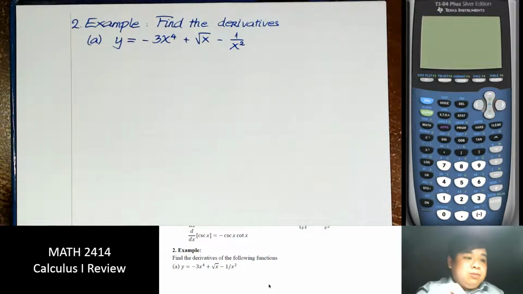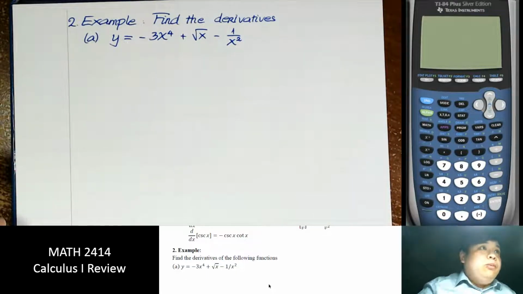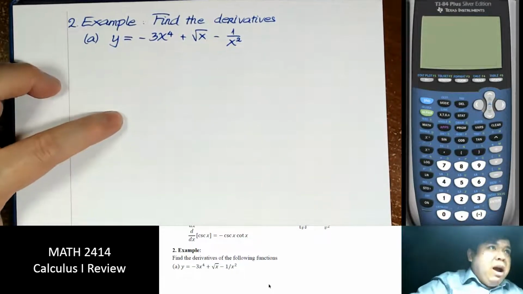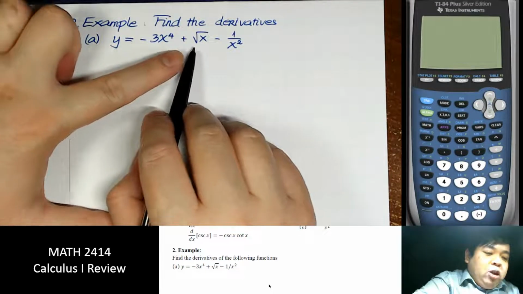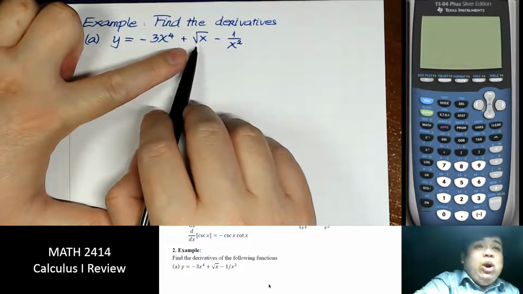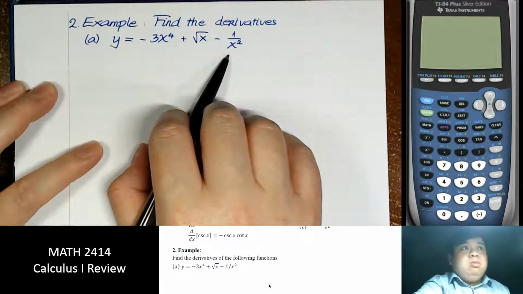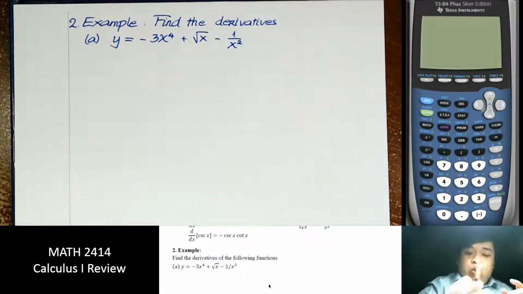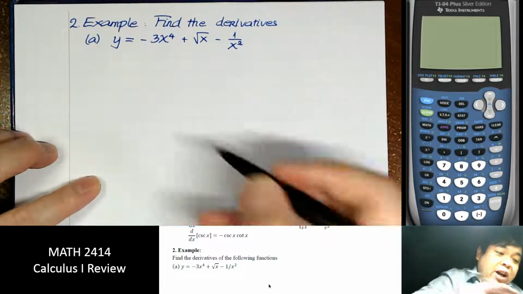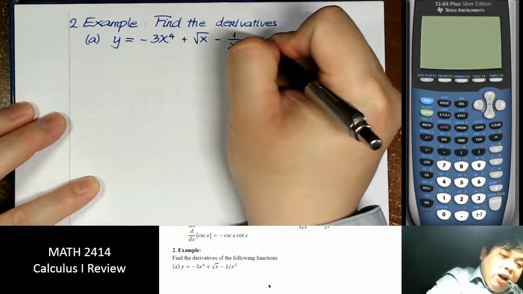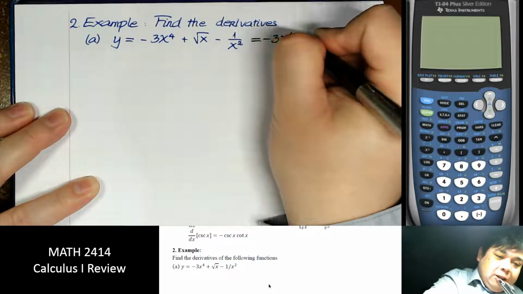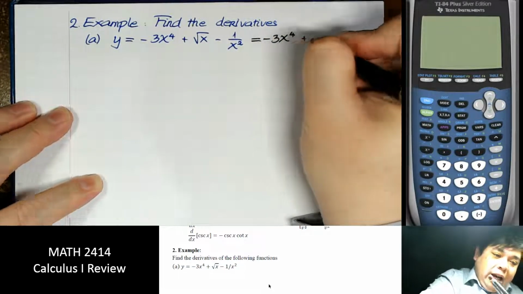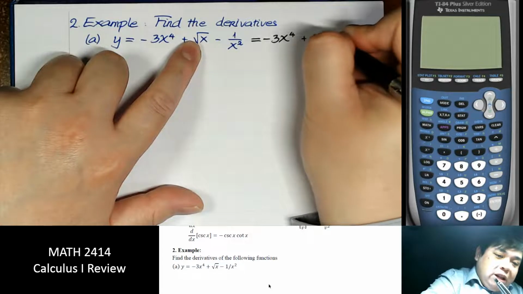This is just basic. The x to the fourth, we can use the power rule. Square root of x is also the power rule, but we have to rewrite that term. The x squared at the bottom we also have to rewrite. So I haven't done anything yet, I just rewrote the problem.